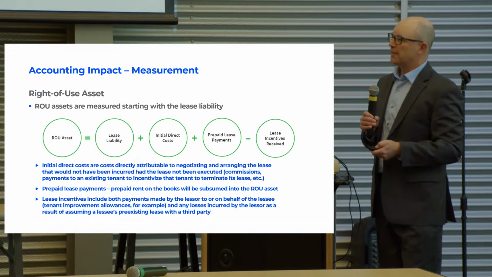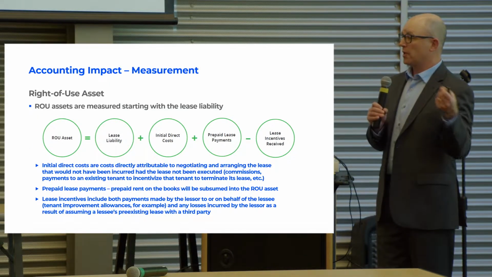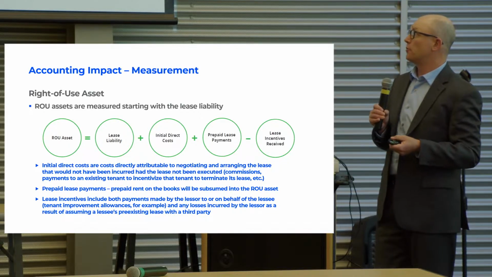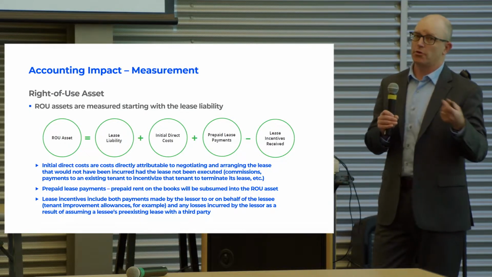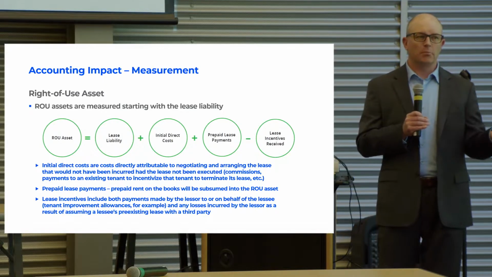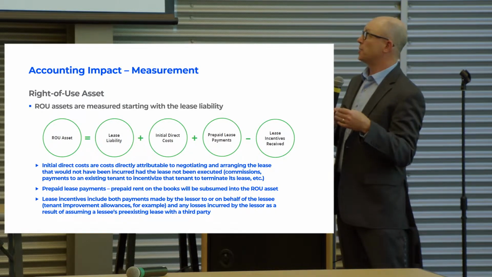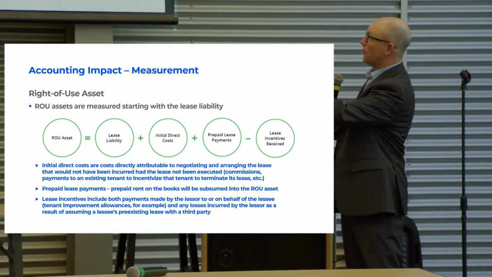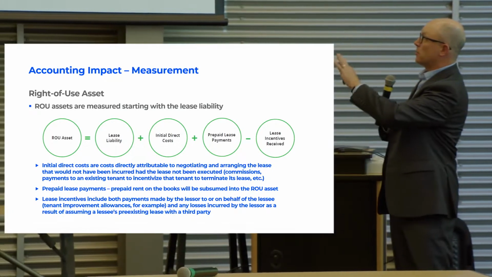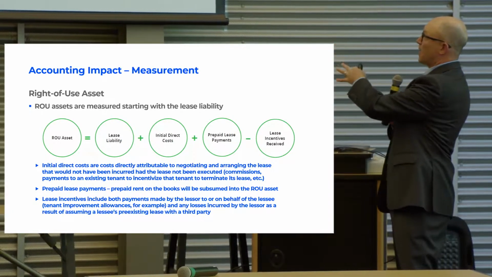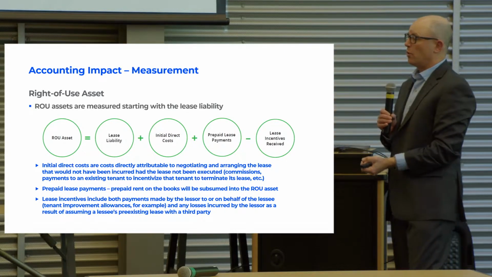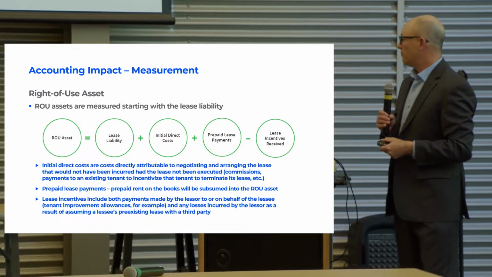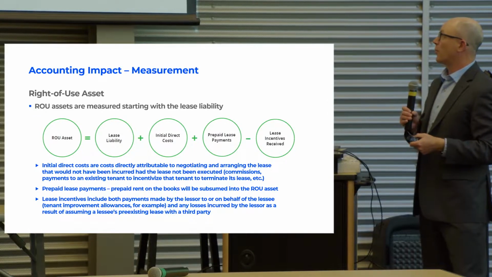So that's the first step: you determine what the lease liability is, and then you determine what the right of use asset is after you determine what the liability is. So the liability accounting really drives the asset accounting. The calculation of the right of use asset starts with the lease liability plus or minus a couple other things, and then you wind up with what you have for your right of use asset.